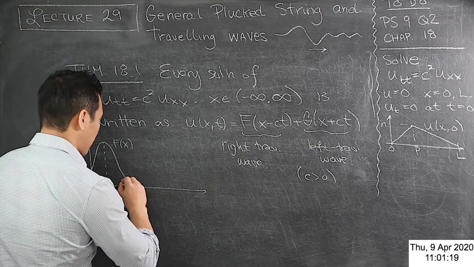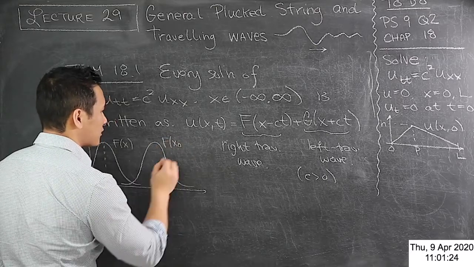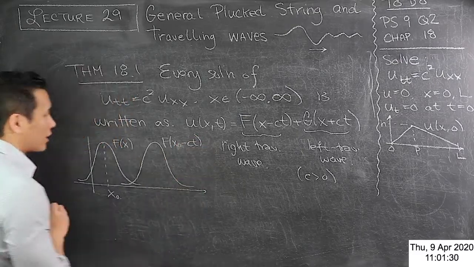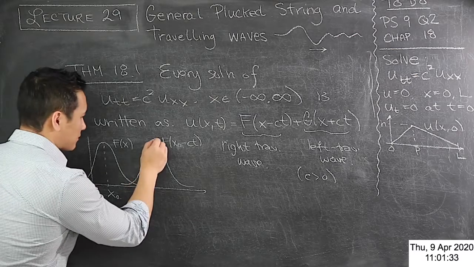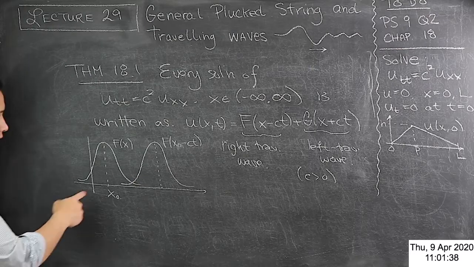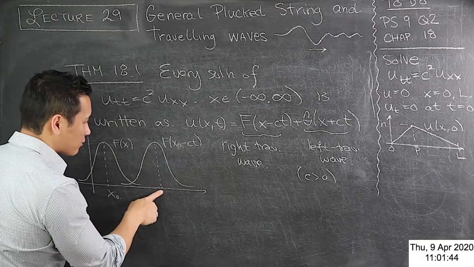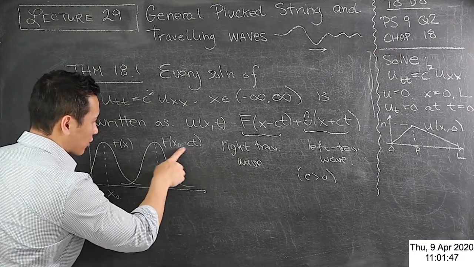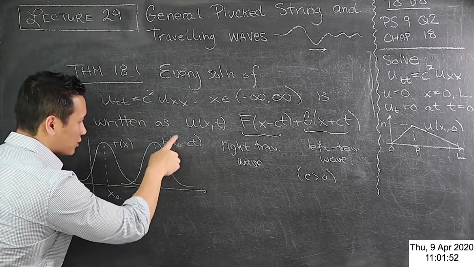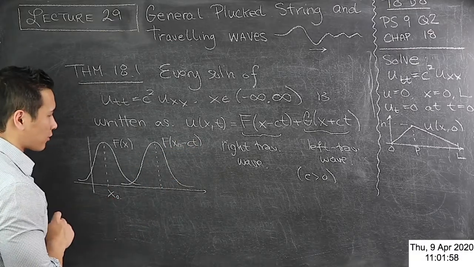Then a little bit later in time, if I think of f of x minus ct, this maximum has shifted. You can see what the shift has to be: it's the value of this quantity x minus ct such that when you stick that combination in for a different value of t, you return to x naught.